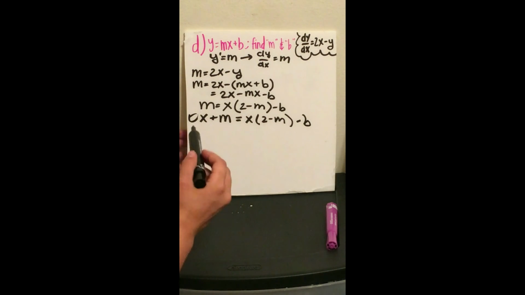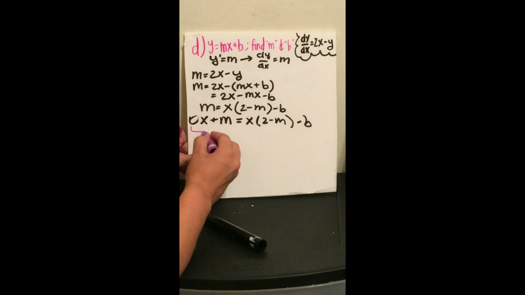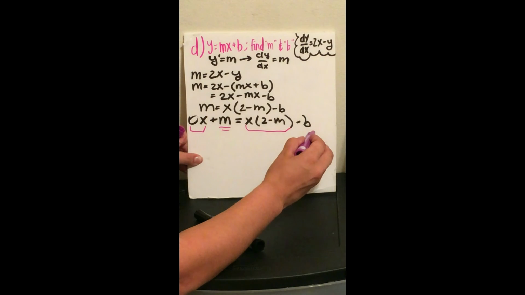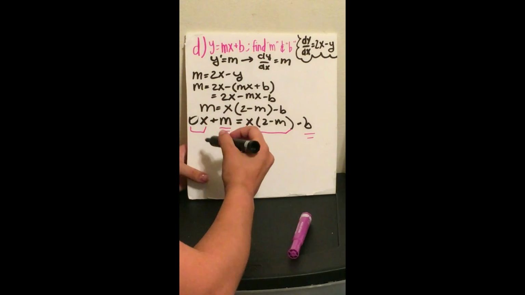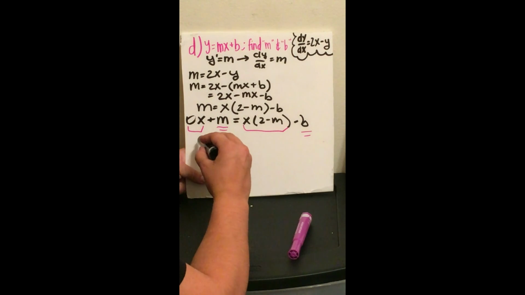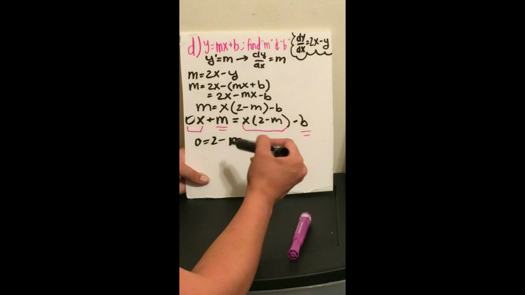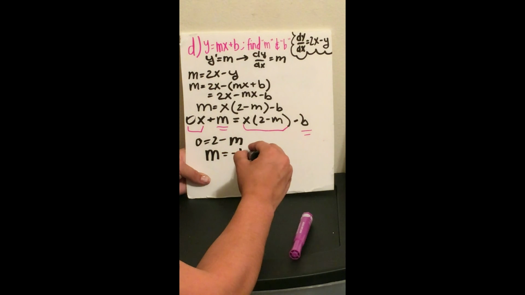And then we can assume that this is equal to this, and this is equal to this. So we're pretty much saying that 0 is equal to 2 minus m, and m is equal to negative b.